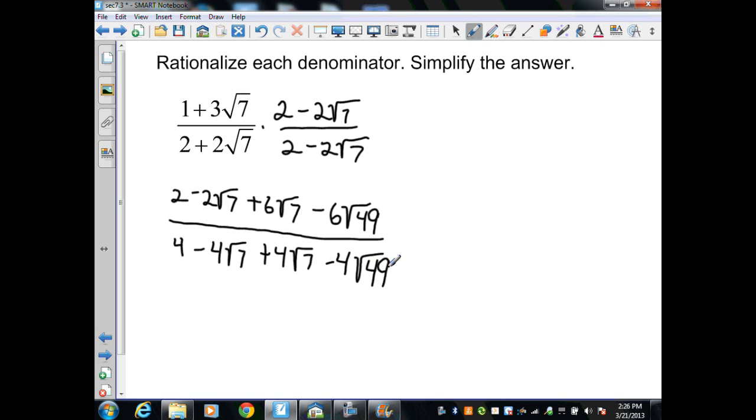Let's simplify both. In the numerator, that gives me 2. When I combine like terms, that's going to give me a positive 4 square roots of 7. And my last term is going to be, the square root of 49 is 7, times 6, which is a negative 42. My denominator, my 4.